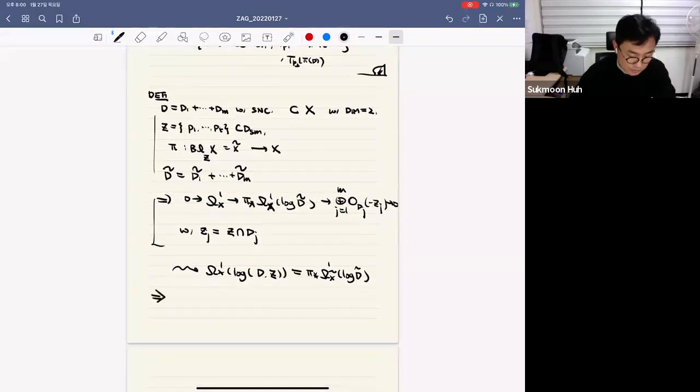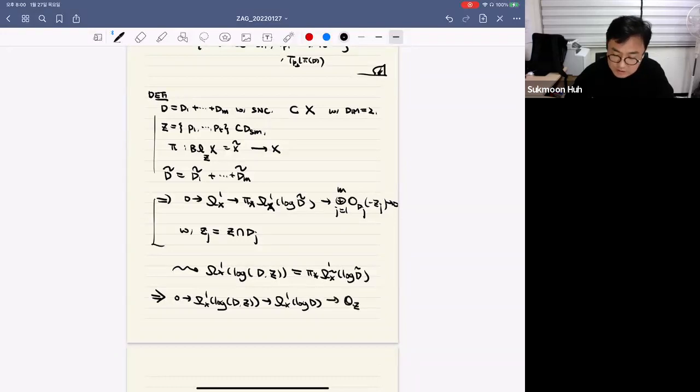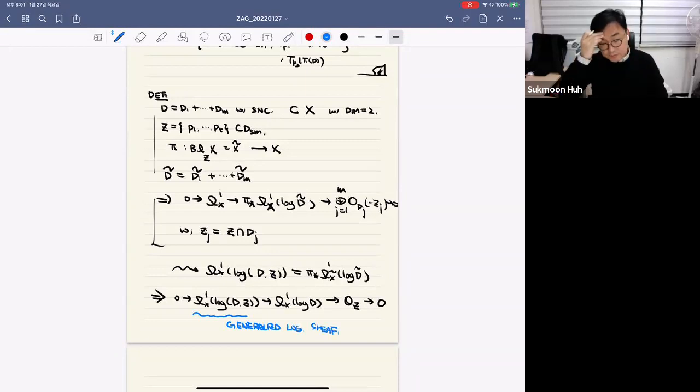Then we can see that this is not locally free, and its double dual is the logarithmic bundle associated to D, and its singular points are exactly the points in Z. So this is what we call the generalized logarithmic sheaf associated to the pair.